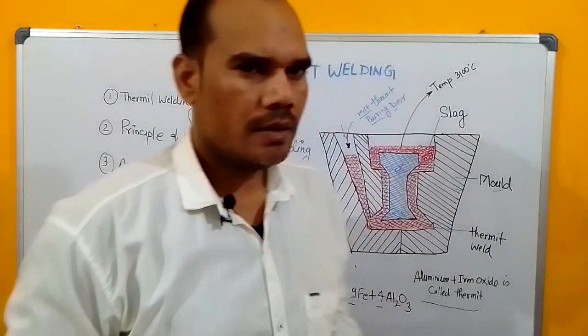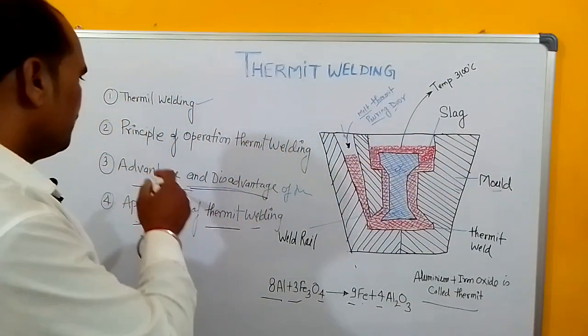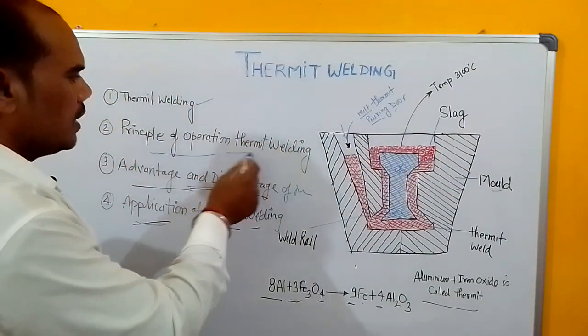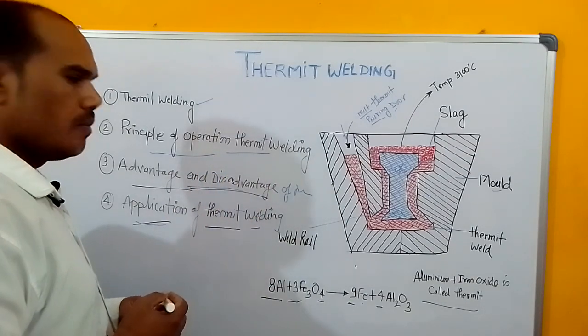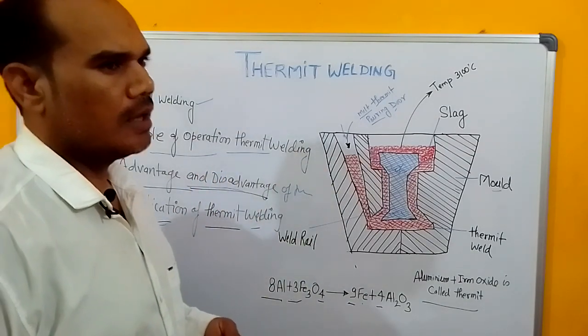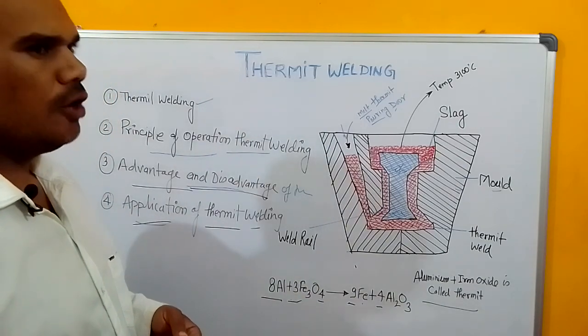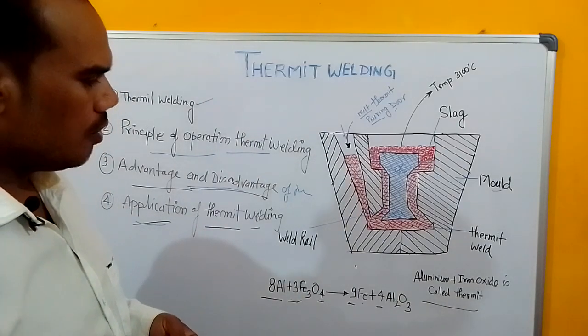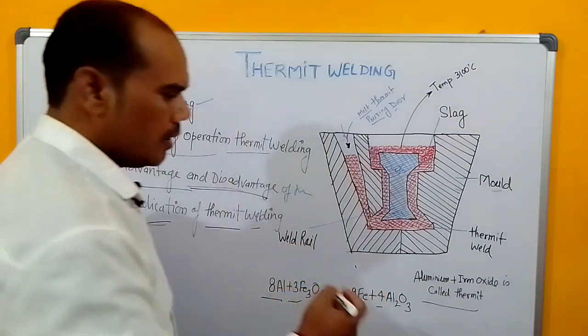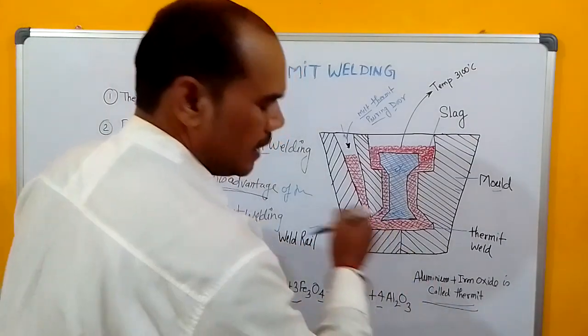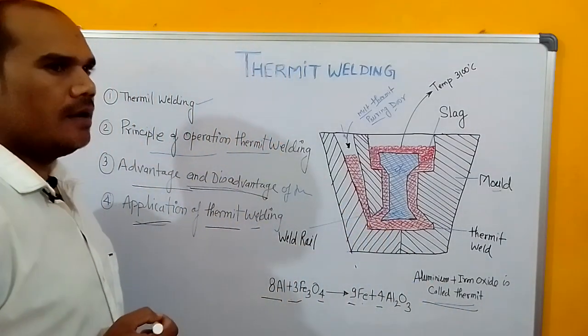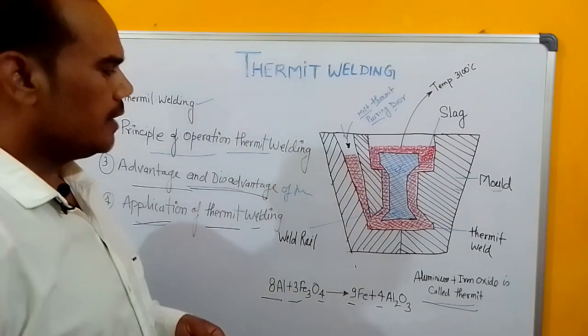And second, the principle of operation of thermite welding. In thermite welding operation, a mixture of powdered aluminum and iron oxide, called thermite, is placed in a container.